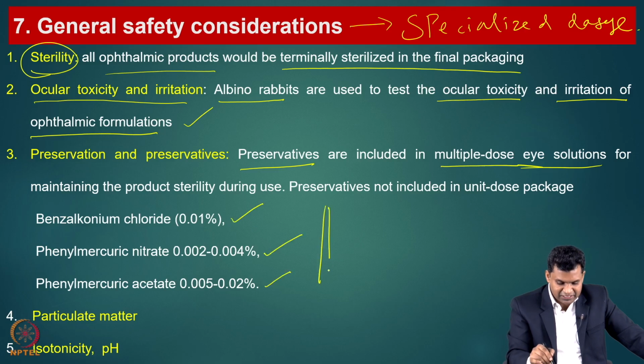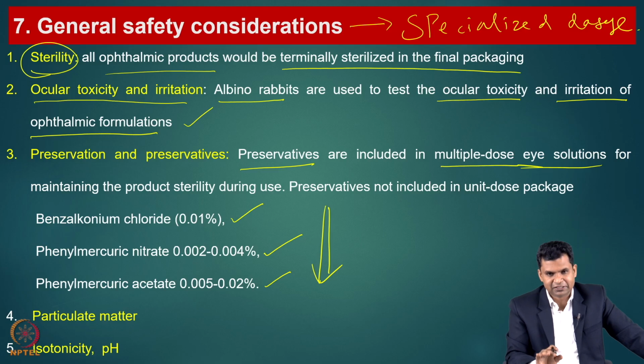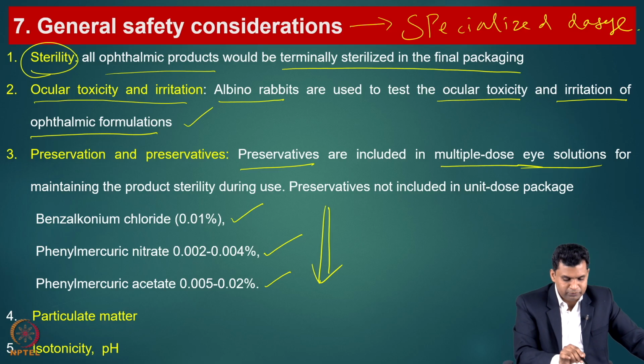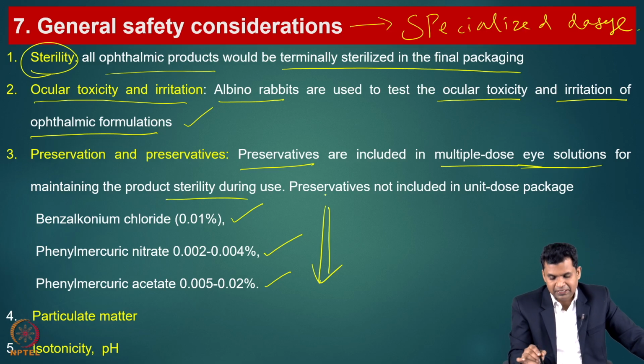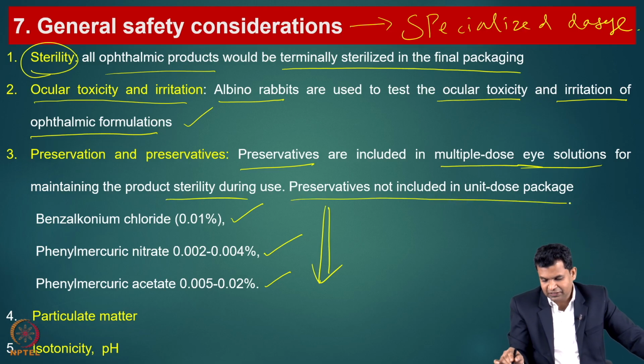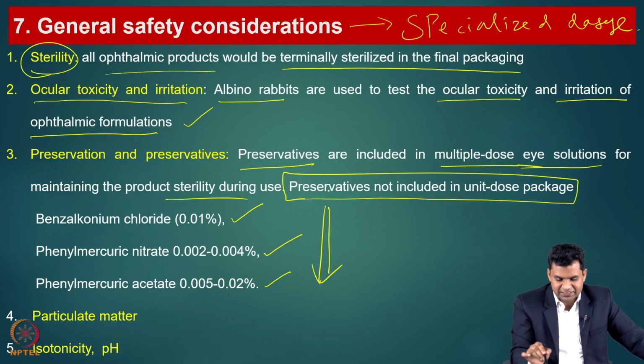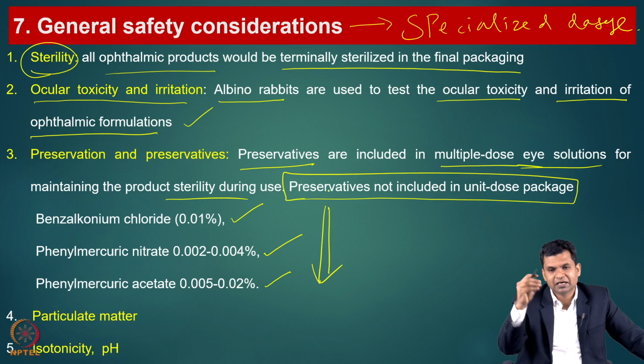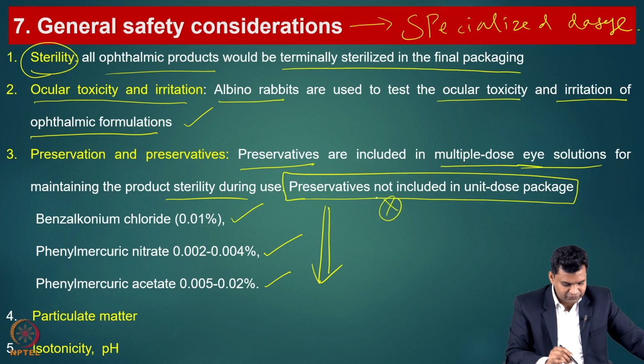This is a very low concentration. Only ophthalmic products have such a very low concentration, so we need to work within this concentration level. So, preservatives are required for multiple-dose containers to maintain the sterility, and preservatives are not included in unit dose packaging, because we will use it one time and later we will discard it, right. So, there is no use of preservatives.